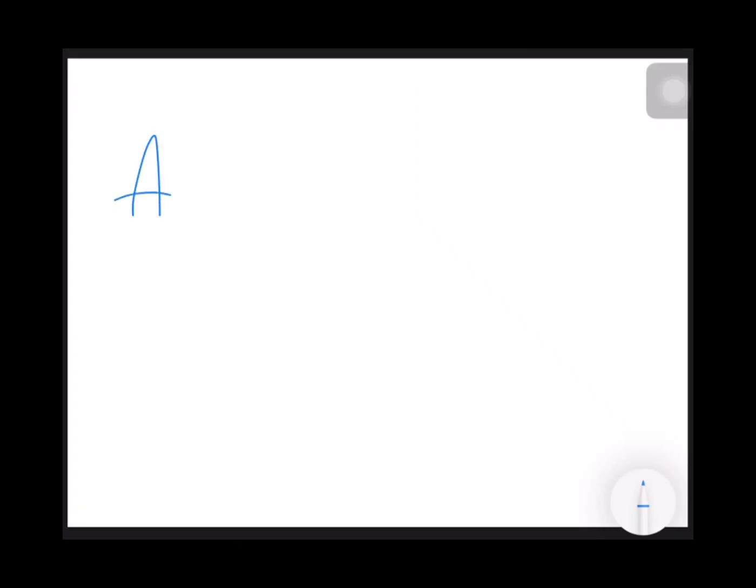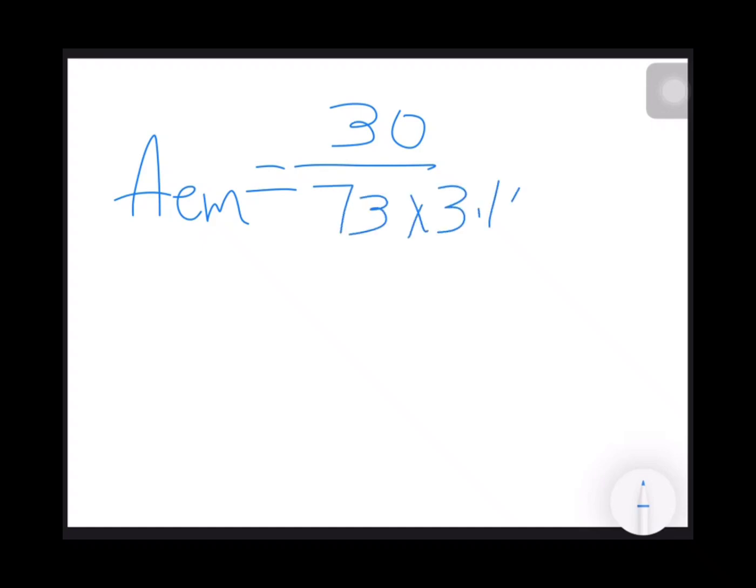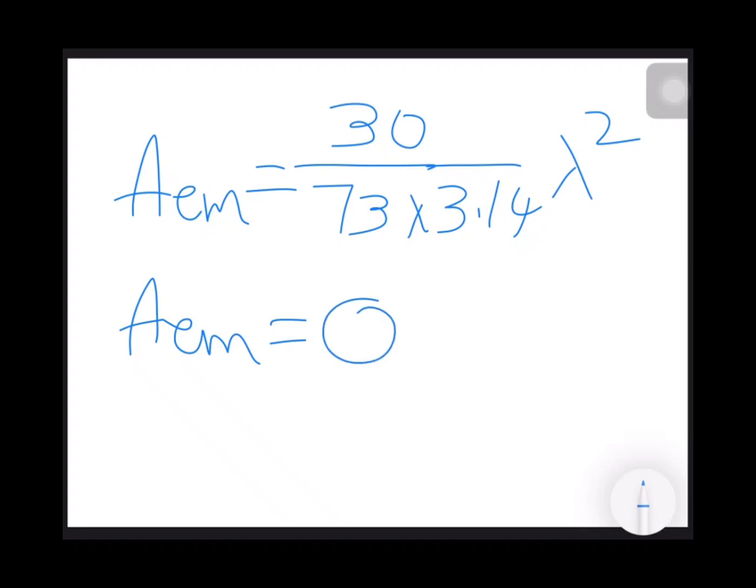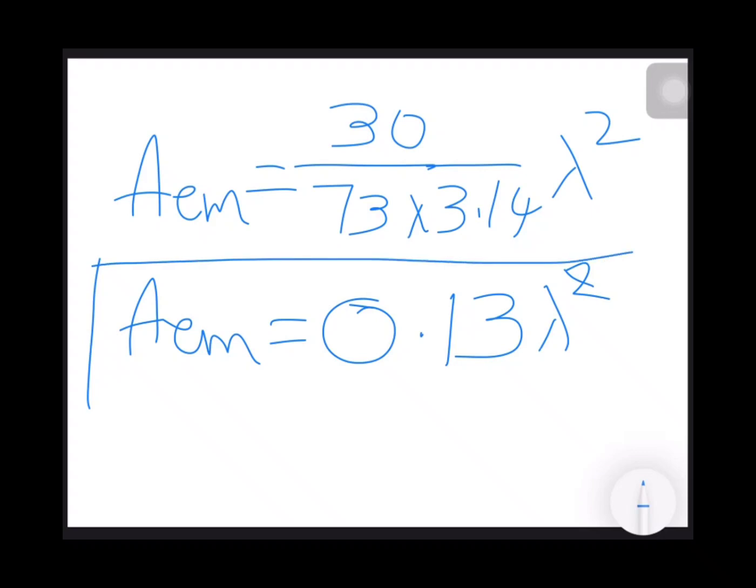Now let us do this further simplification, that is AEM is equal to 30 by 73 into pi, that is 3.14, lambda square. Now finally we get 30 divided by 73 into 3.14 will be 0.13, and lambda square we cannot do anything as we are obtaining the equation for AEM in terms of lambda.